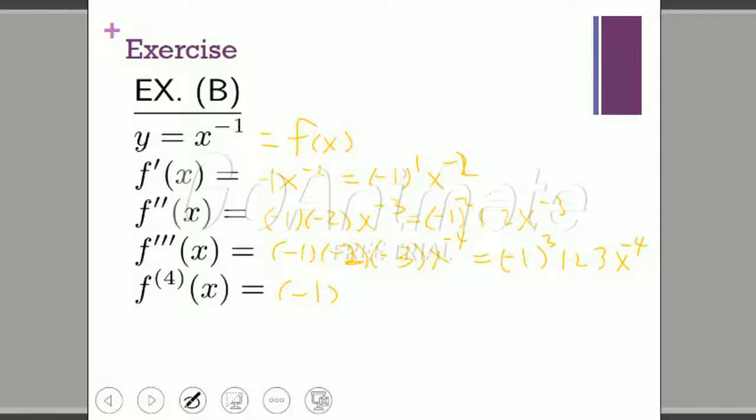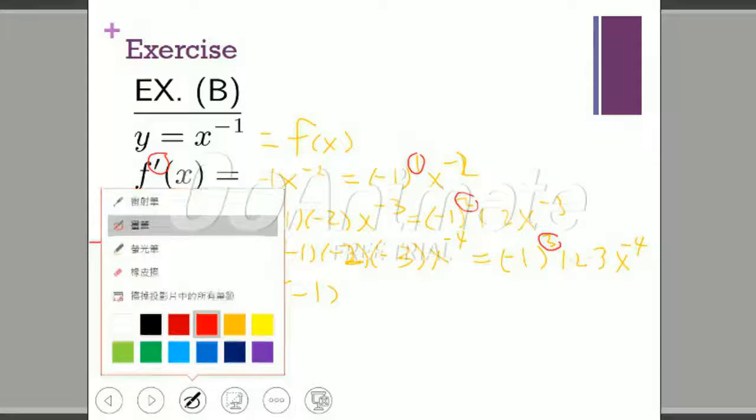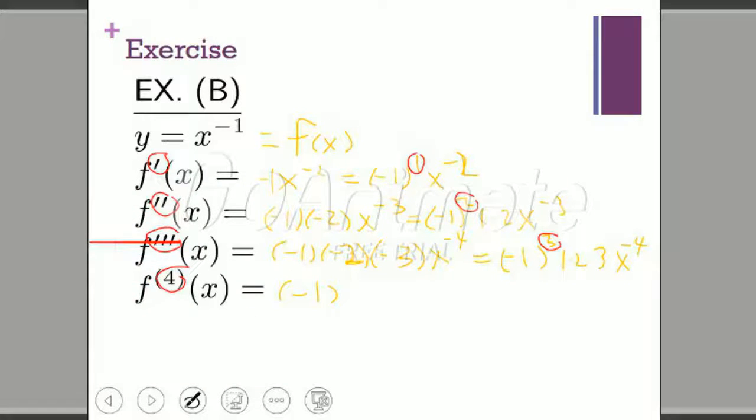The fourth derivative will be, so here, minus 1 is to the power of 1. This is the first derivative. Second derivative, you have minus 1 to the power 2. Third derivative, you have minus 1 to the power 3. So the fourth derivative must be to the power 4.